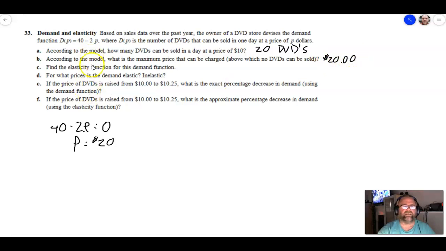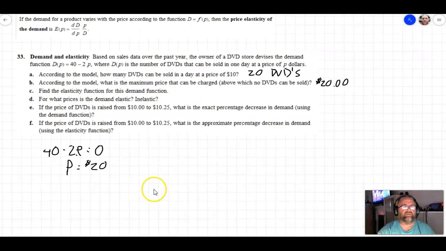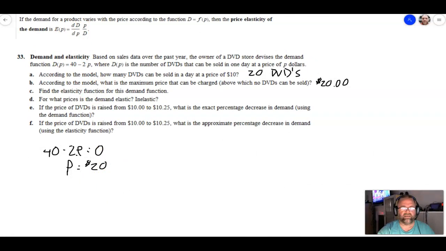All right. Find the elasticity function for this demand function. Let's look up here, and here is the elasticity function. The elasticity function, E of P, is equal to the derivative of our demand function over the derivative of our price function, times the price over the demand. Since we know the demand, I'm going to pull the demand out.